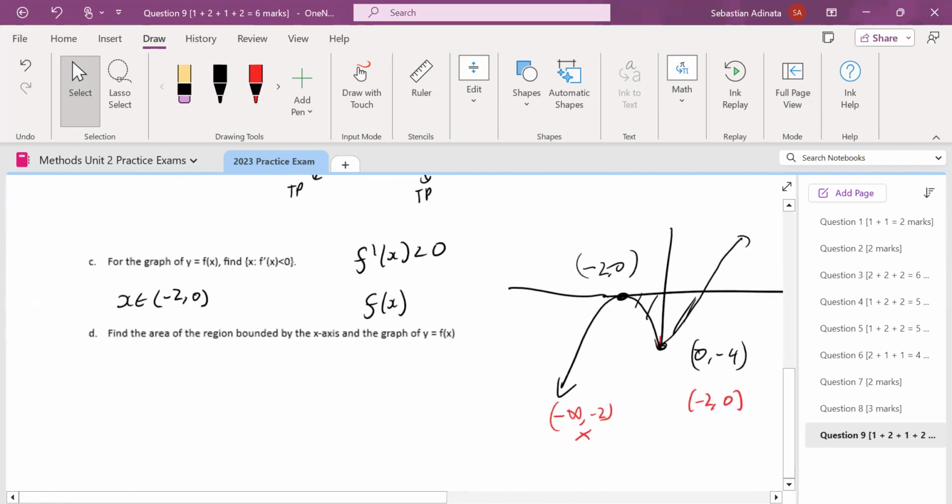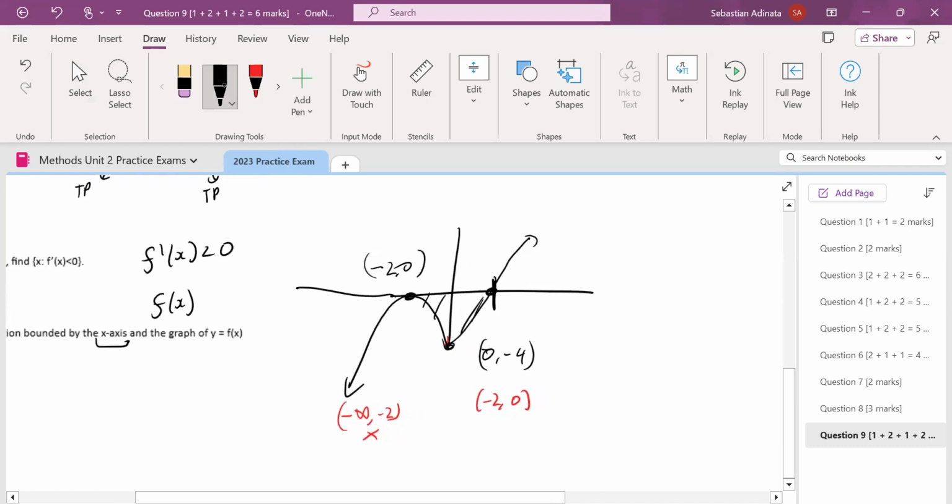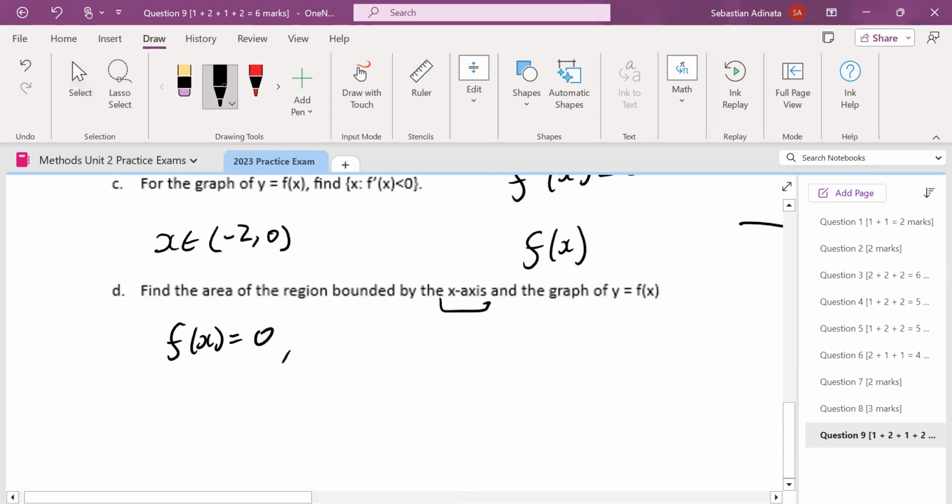So we need to find when f of x equals 0, and that's because we're finding the coordinates of when it hits the x-axis. And the x-axis is y equals 0. Now we should get an answer x equals -2 already. We are looking to find the second one.